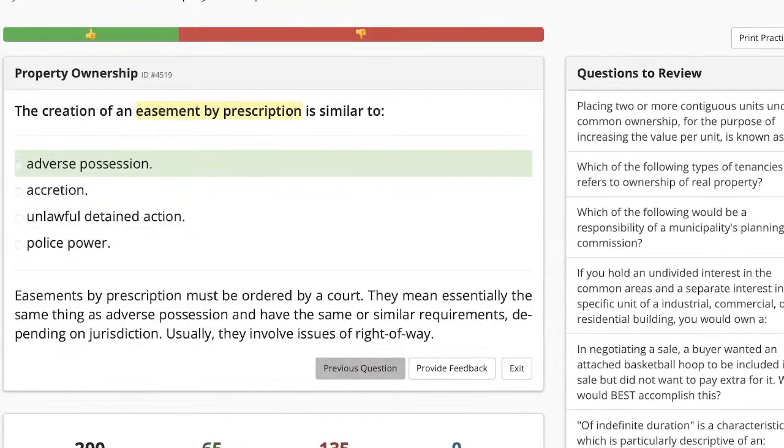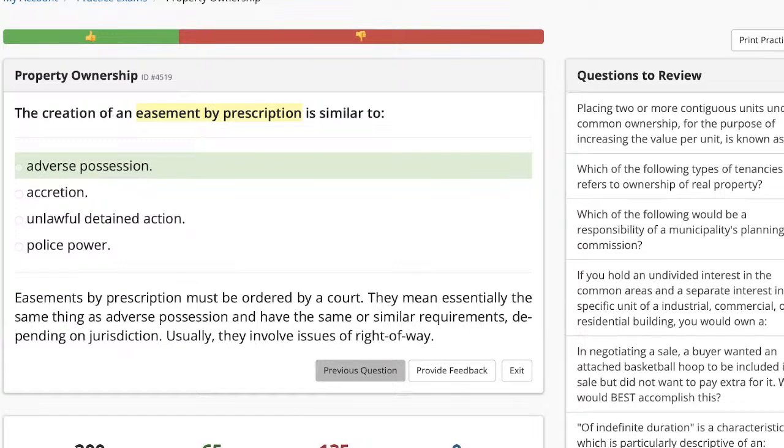By the way, what is an easement? Who could tell me what an easement is? What's an easement? What is an easement? Anybody?